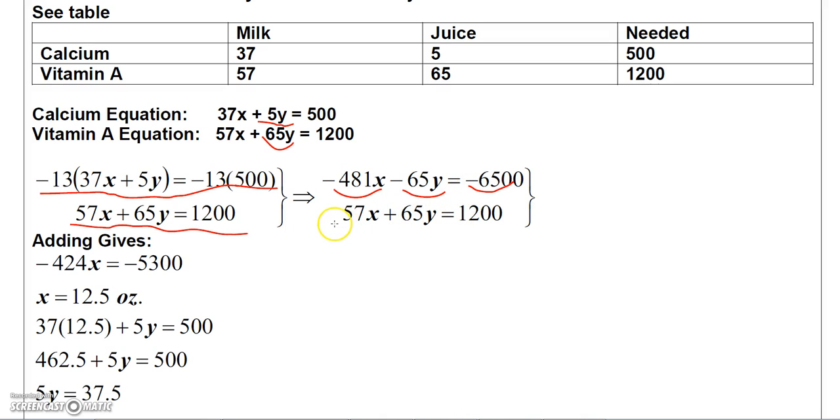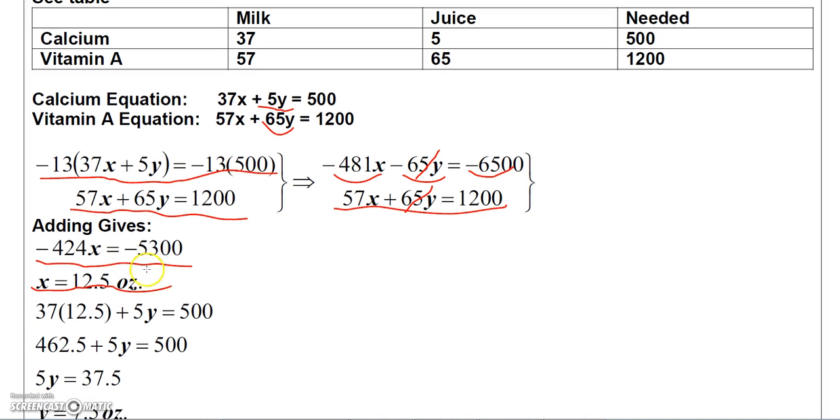And then if I add that to the second equation, notice the y's will cancel, and negative 481x plus 57x gives me negative 424x, and negative 6500 plus 1200 gives me negative 5300. And then I divide both sides by negative 424, and I get x equals 12.5 ounces. So that's 12.5 ounces for x.